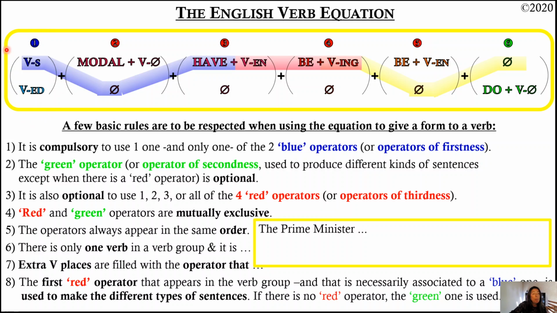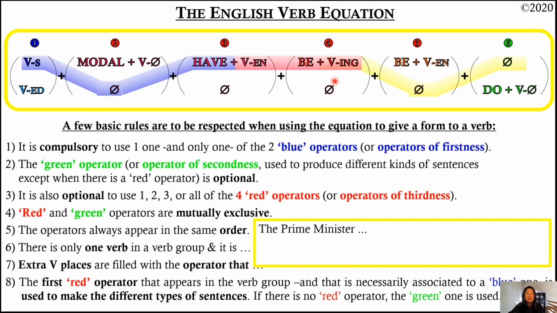So the pair number one, VS or VED, and then operators number 3, have plus VEN basically, or its absence, and then operators number 4, the be plus VING form or the simple form. So with these three sets of operators, we're going to create all the tenses that exist in English.